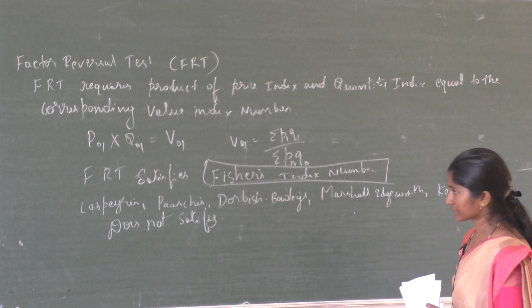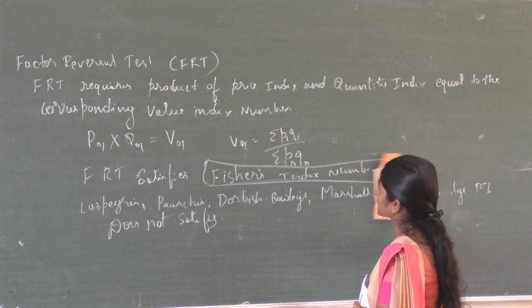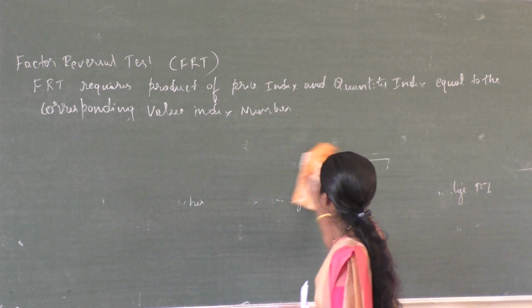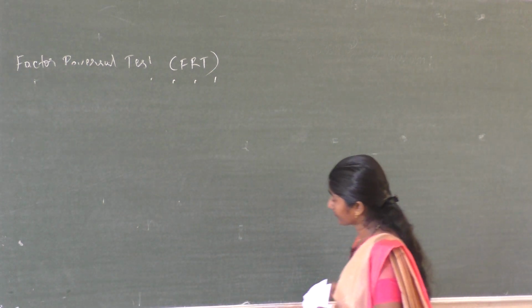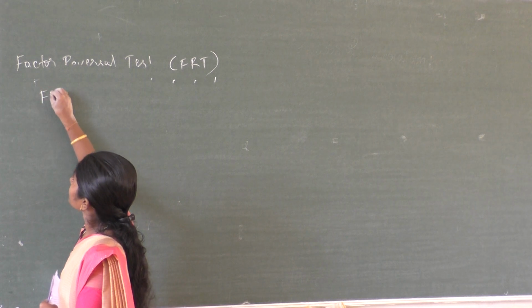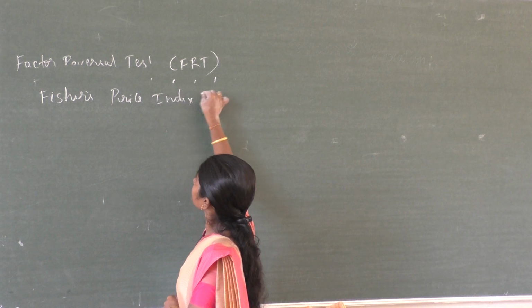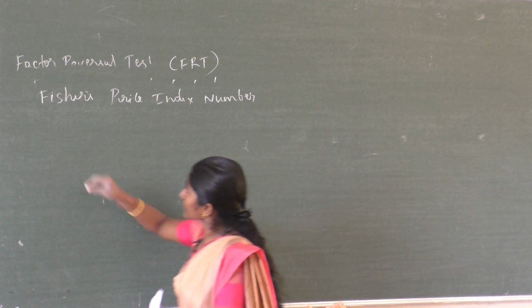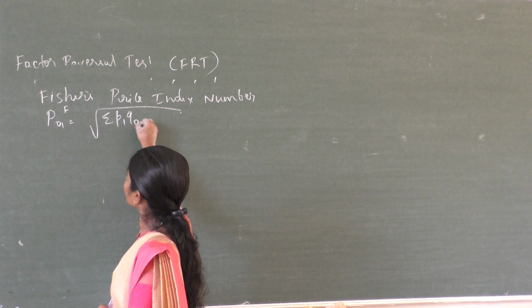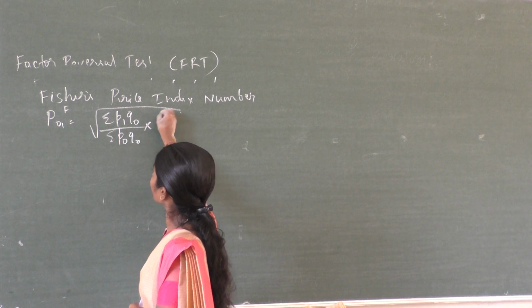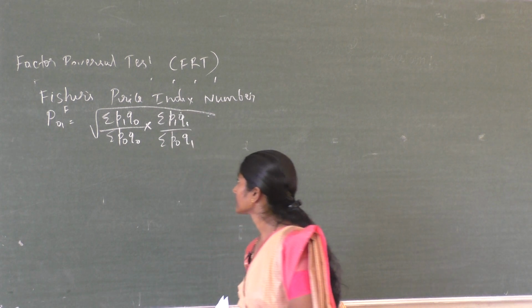What you have done in the previous one, same way. I will first write the proof for Fisher's index number. Fisher's price index number, P01 of Fisher's. This one.